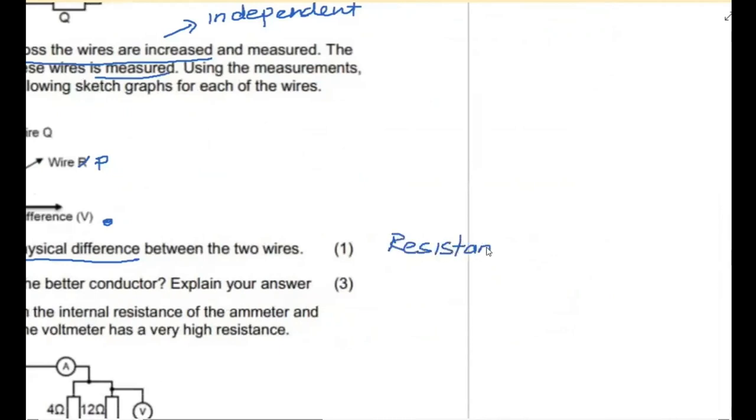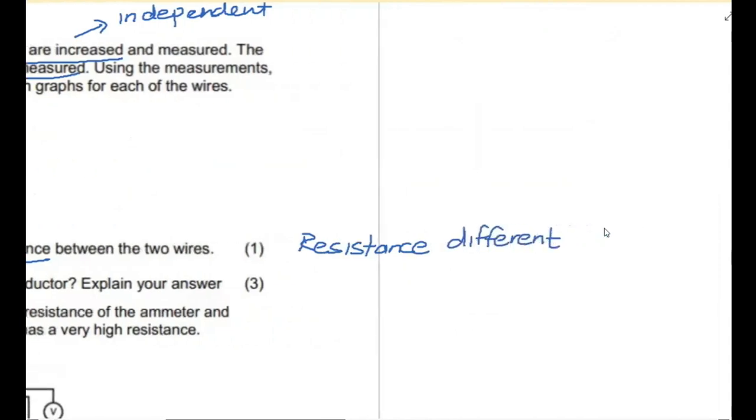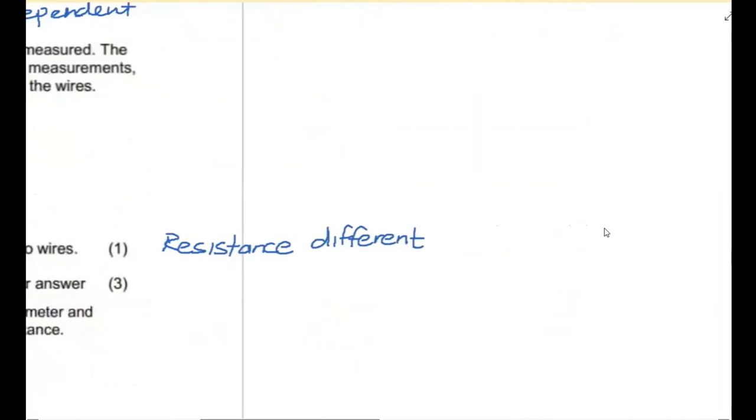How can I have two wires and make their resistance different? Someone want to venture a guess? What can I change about the wires to make them different? The thickness. Someone want to give me the other one? Isn't it also the steepness of the gradient? Yes, that's going to give it.